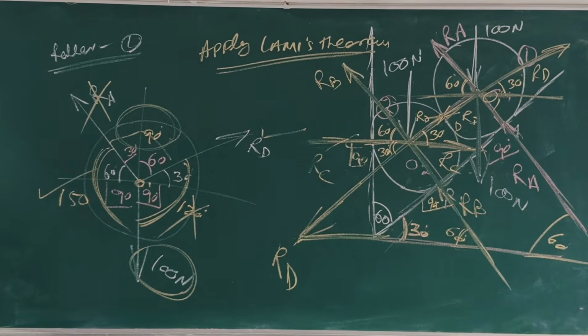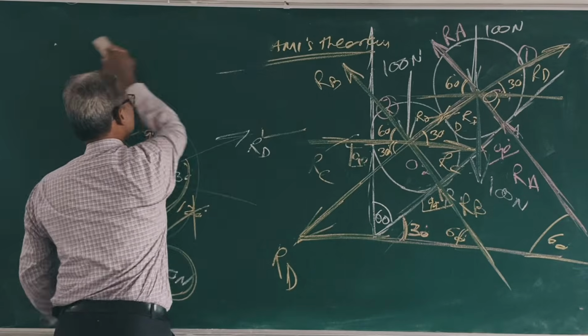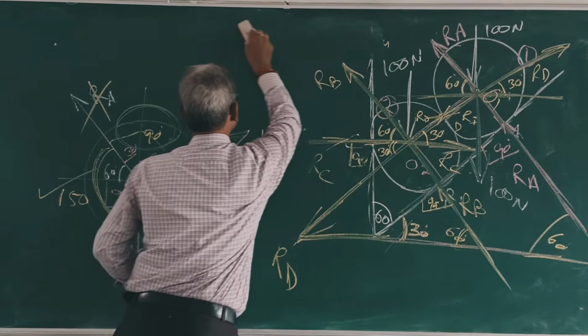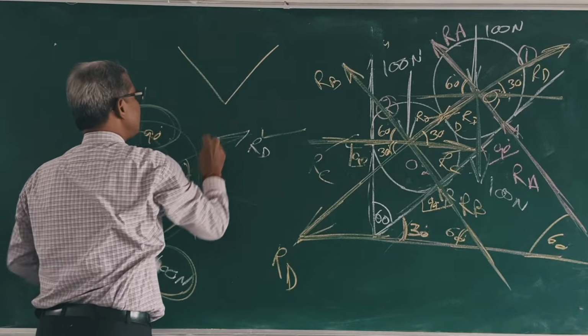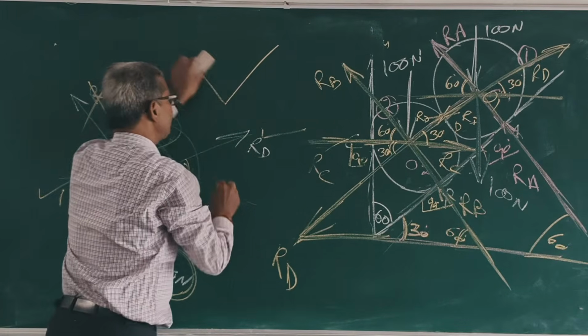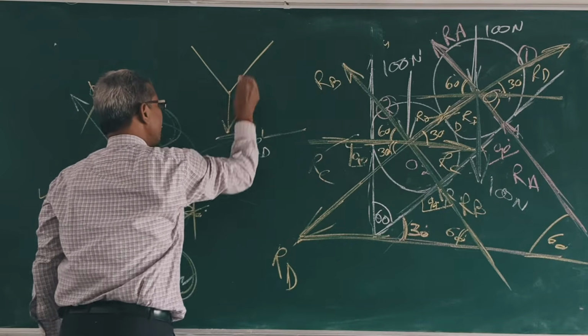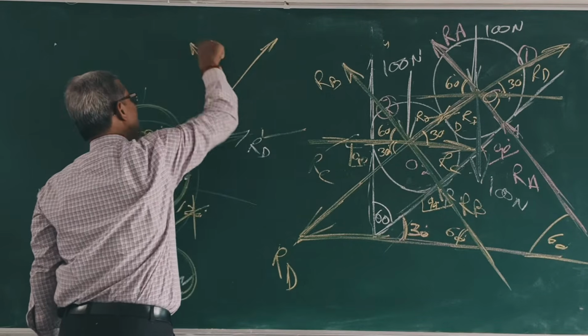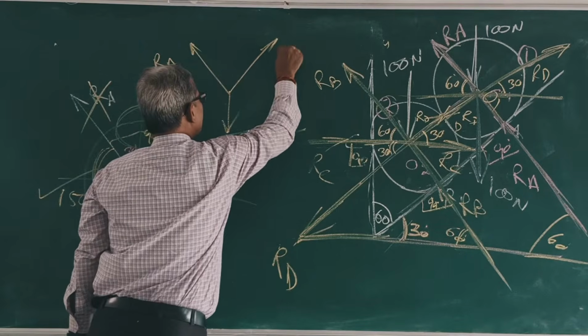Again I will draw the figure. This is RA, this is RD, this is 100.